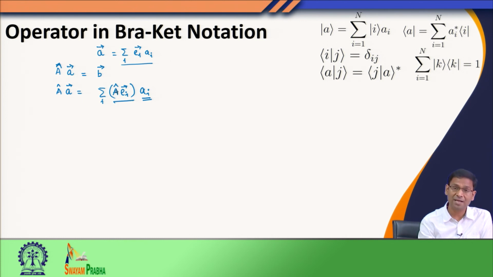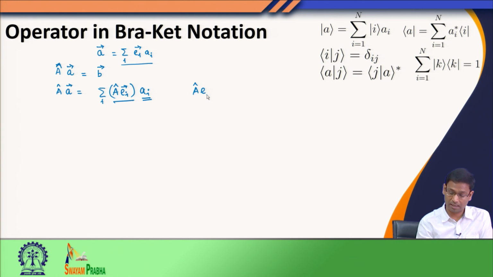This is the action of operator A not on the vector A, rather on one of these unit vectors e_i, but this is nonetheless the operation of an operator on a unit vector. So, this would again give me another vector. So, this is a vector.